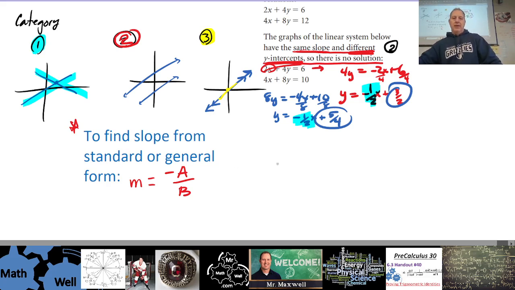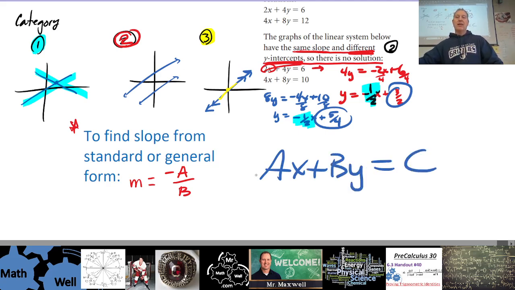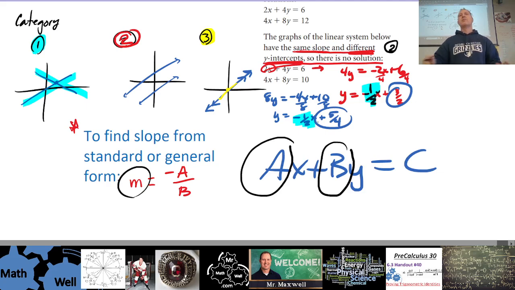So remember, ax plus by equals c is the standard form. And if you do negative a value divided by the b value, then you will get the slope. So you don't have to change everything over into y equals mx plus b.